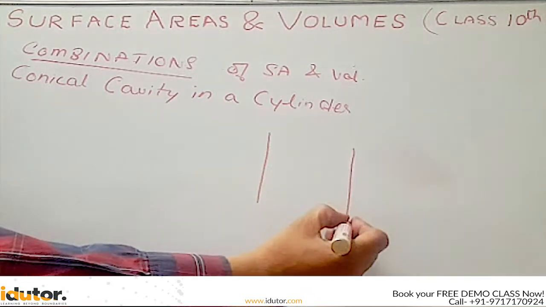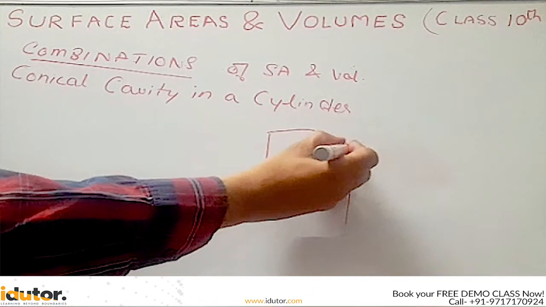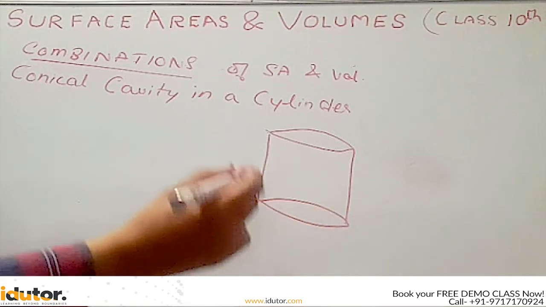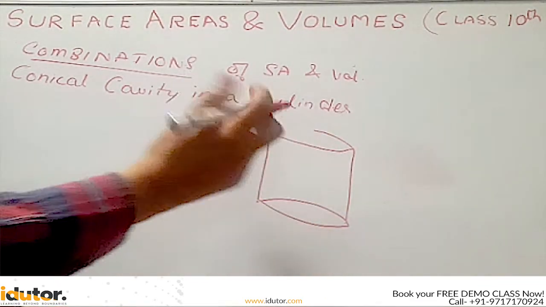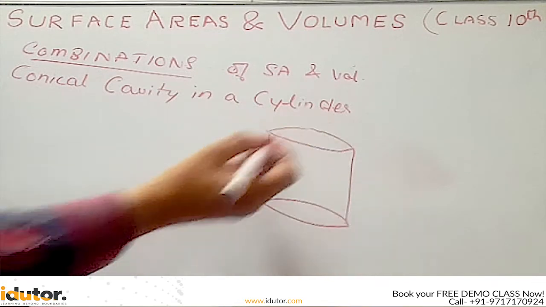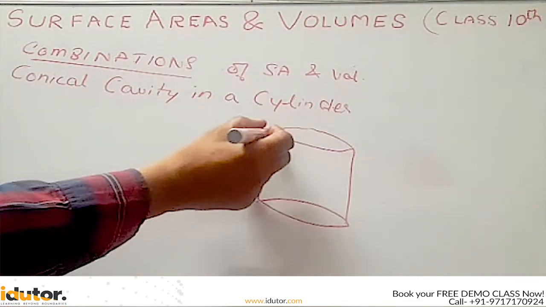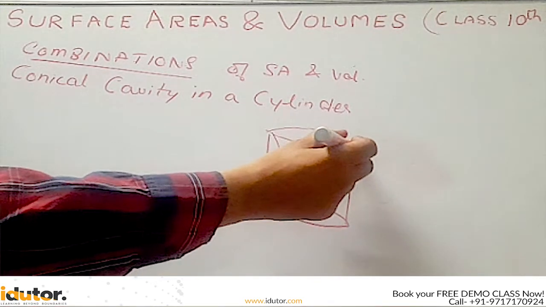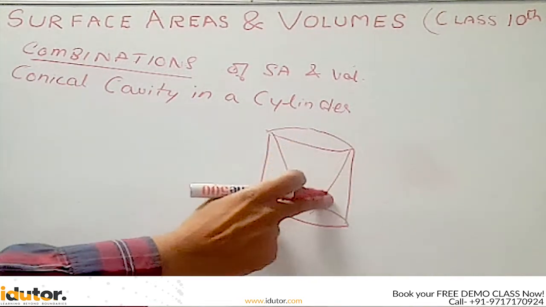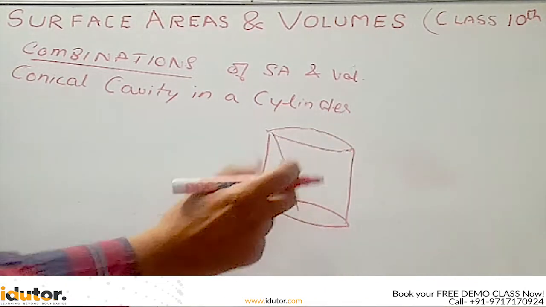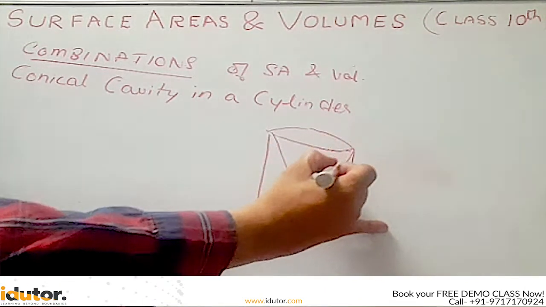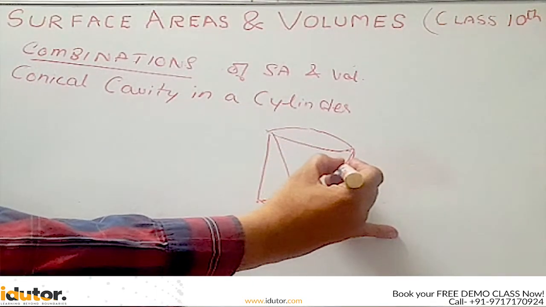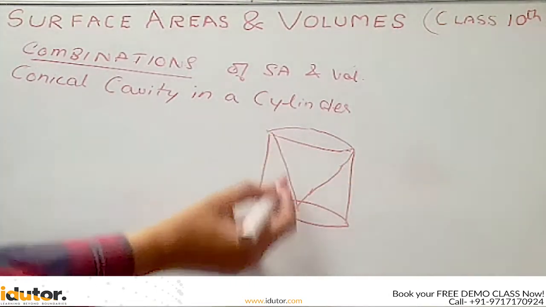We have to make two parallel lines, a circle on the top, and a circle at the bottom. After making this, we have to make a cavity. Cavity means a kind of cutting is done. It can be cutting in the wood or any other material. So this is a cavity.